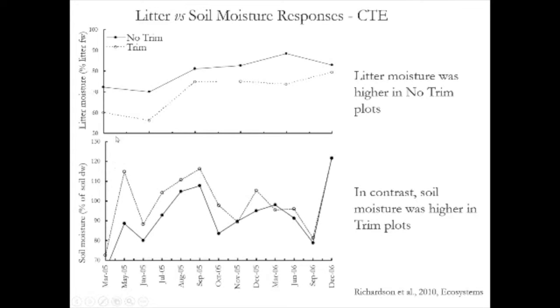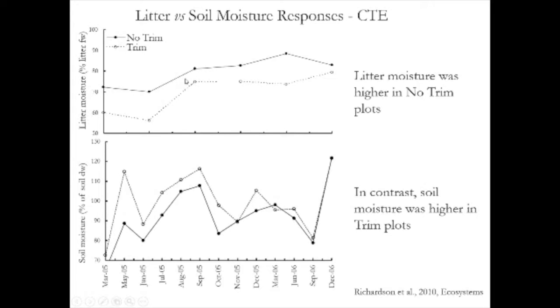This triggers a difference in moisture in the litter and in the soil. The litter moisture was higher in the no-trim plots. In the top graph, you see the litter moisture here, no trim, these are the closed dots.